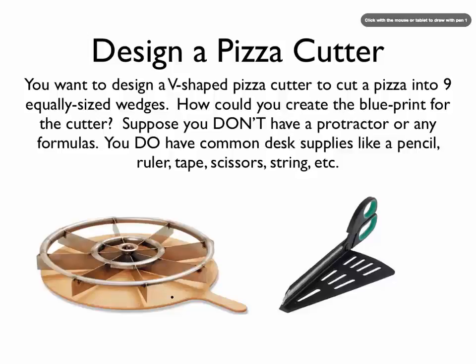Something like this, or this is okay too. Exactly 9 equal pieces. Talk amongst yourself and write out what your system would be. How would you come up with this blueprint?